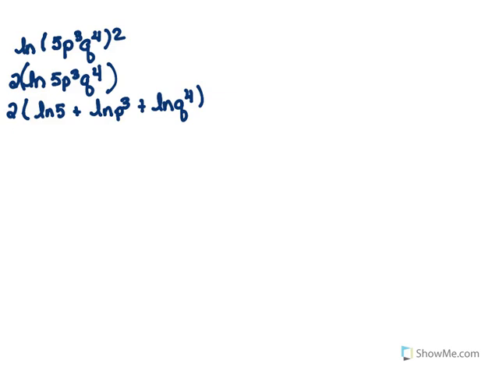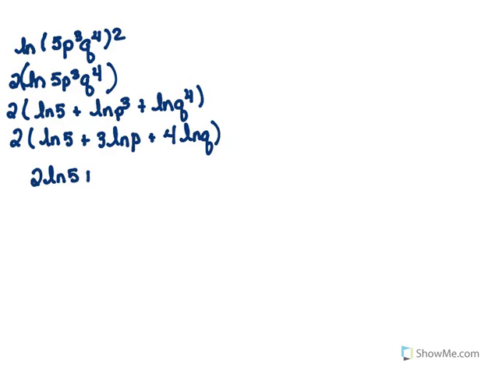So I've got 2 times the natural log of 5 plus 3 times the natural log of p plus 4 times the natural log of q. And then finally, I can distribute that 2 in there, and I get 2 times the natural log of 5 plus 6 times the natural log of p plus 8 times the natural log of q.